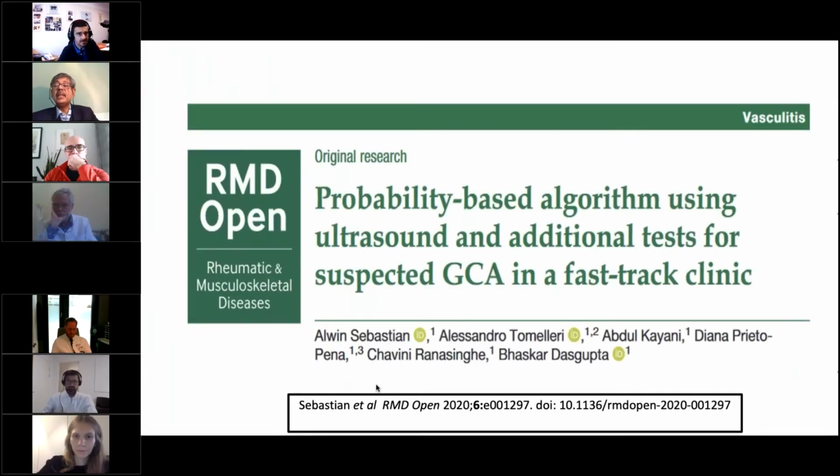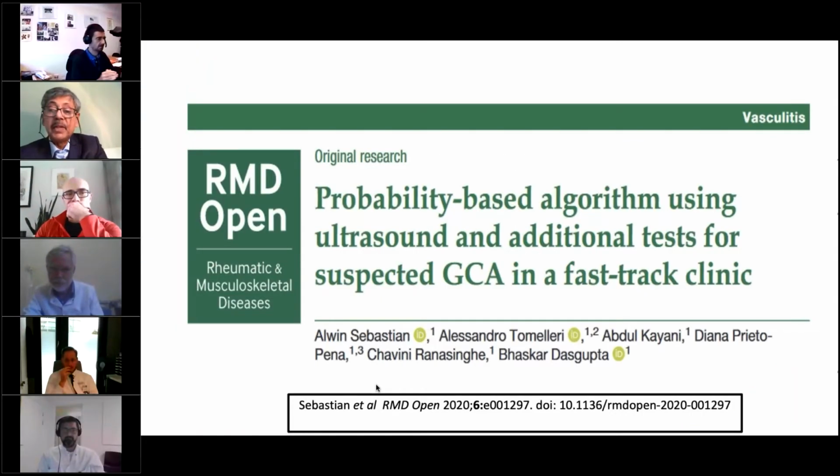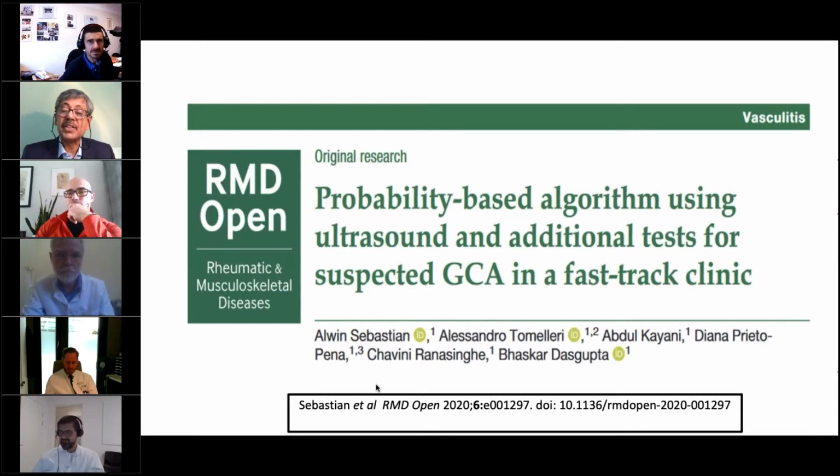So the main aspect of my talk is really going to be divided into two different things. One is we are going to talk about the probability-based algorithm using ultrasound and additional tests in the diagnosis of suspected GCA in a fast-track clinic.